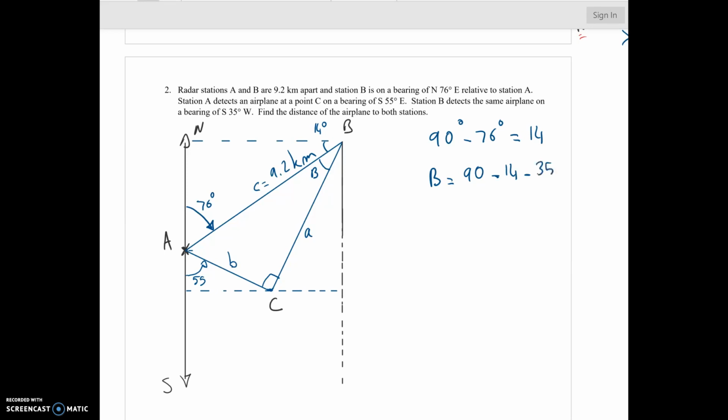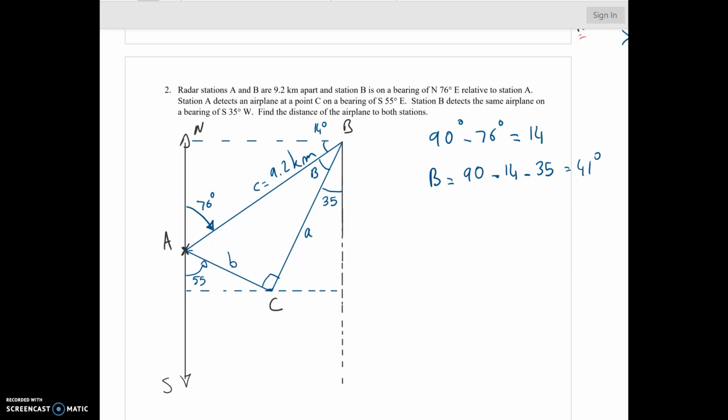And what does this 35 degree represent? This 35 degree represents the angle that you have right there. And therefore, the angle B is equal to 41 degree. So it's all about trying to define the value of the angle B.